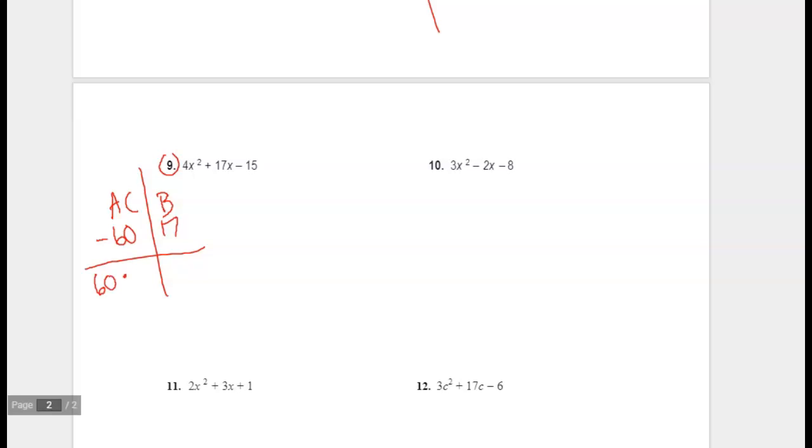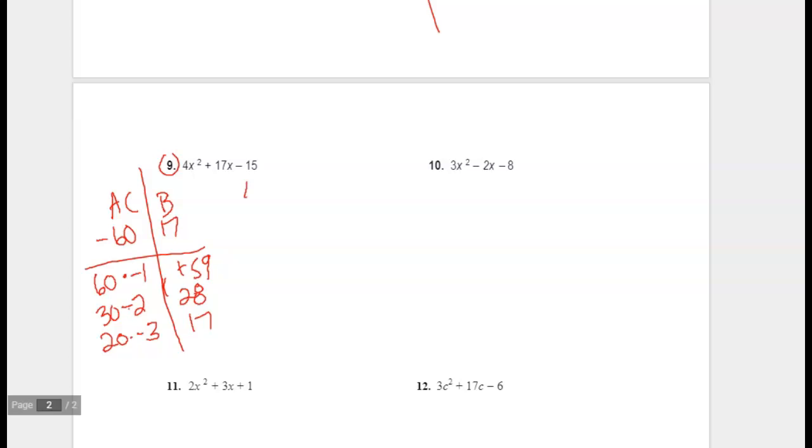So my bigger number has to be the positive one. 30 times negative 2 is 28, getting closer. 20 times negative 3. There is our 17. So 20 times negative 3, 17.